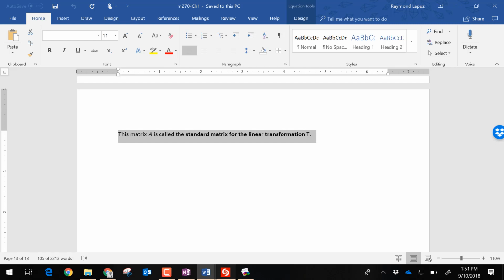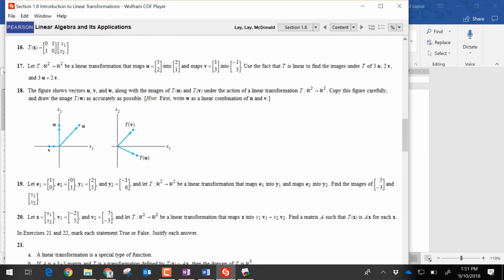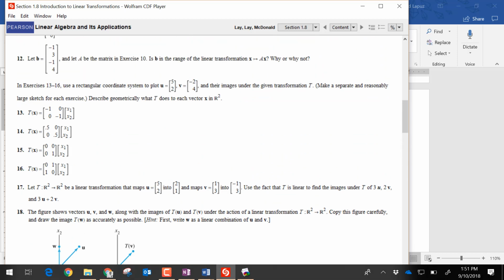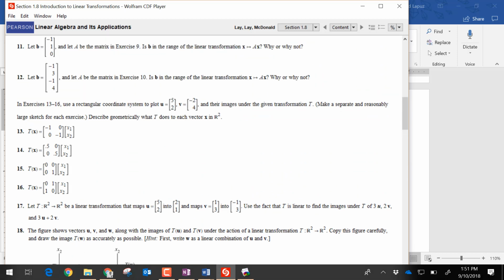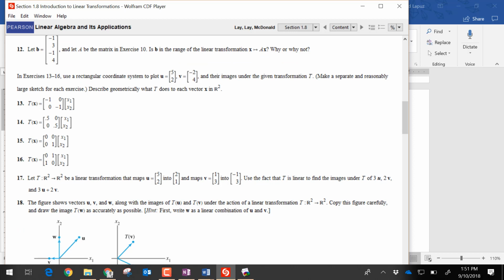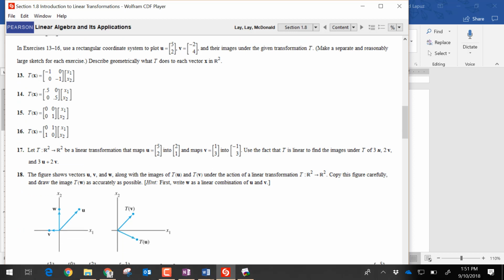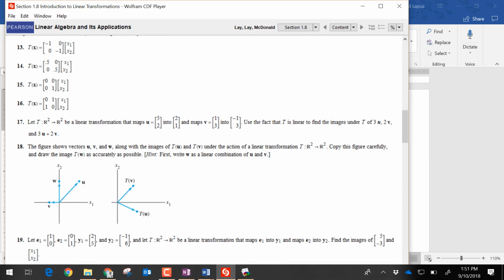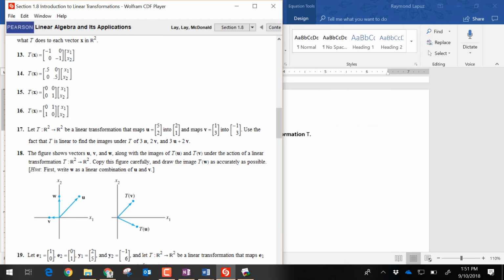All right, there's more information in, let's see if we can do one of these problems. Let's pick a random problem here. Let's try number 17.